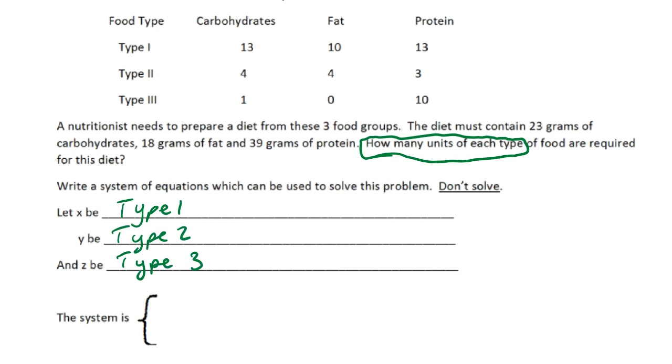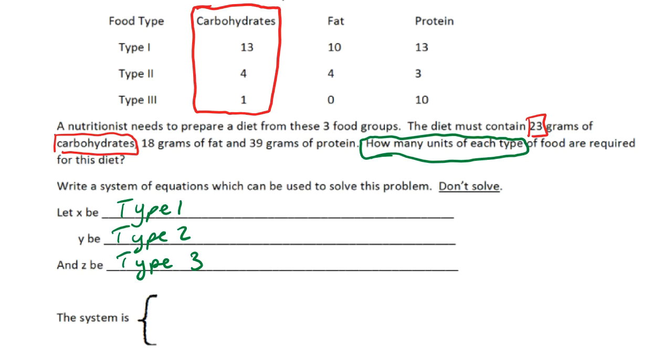Now, we know how many grams of carbs, fat, and protein we want in our diet, right? So let's just look at each of those separately. So if we first look at carbs, we know we want 23 carbs total. So if we look at the first column, this tells us how many carbs are in each type of food.